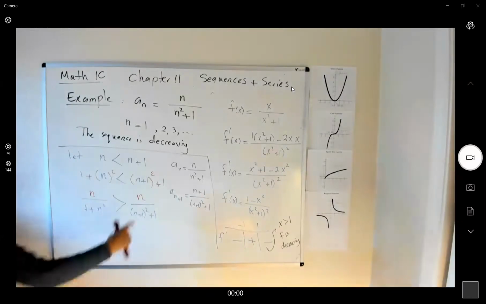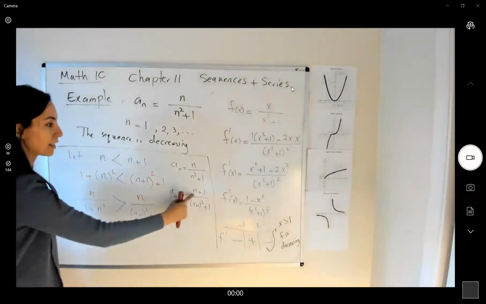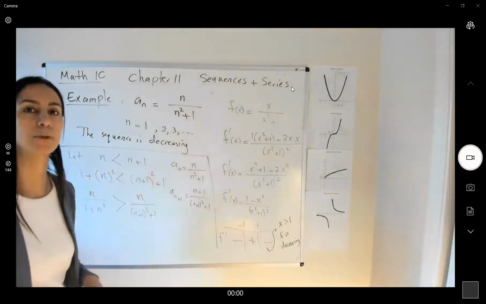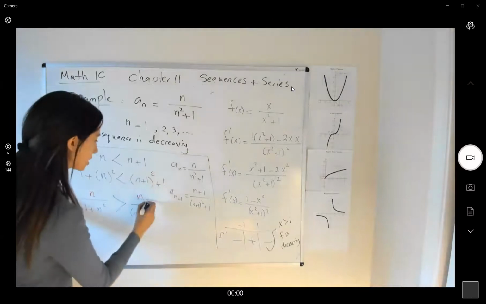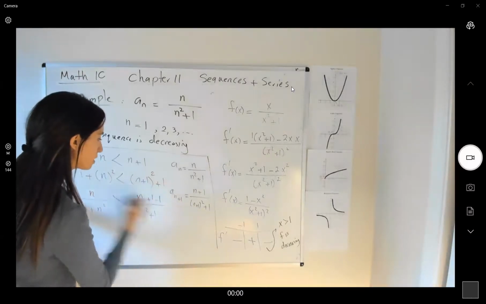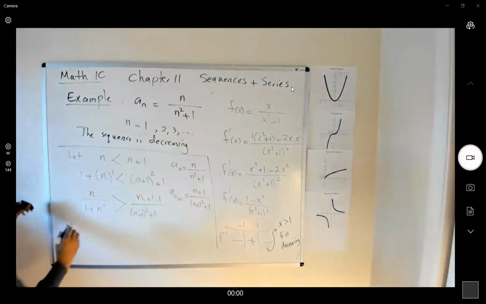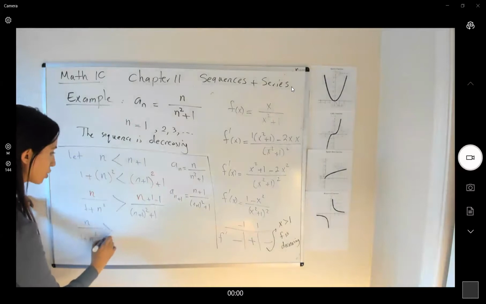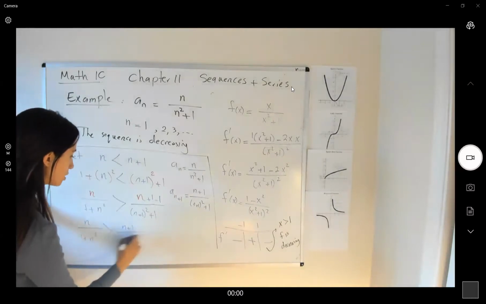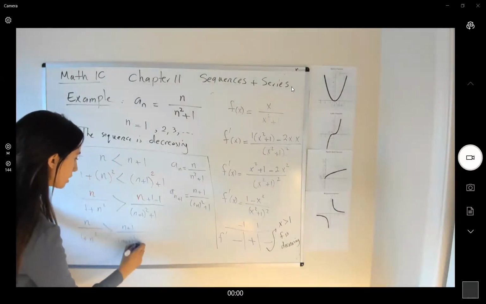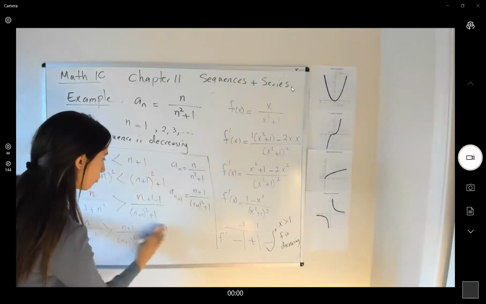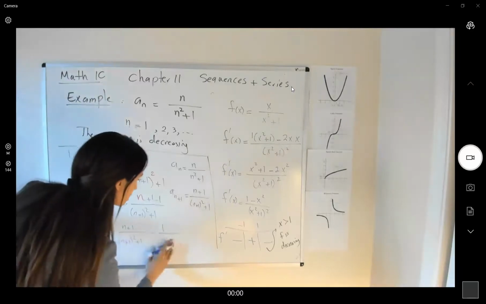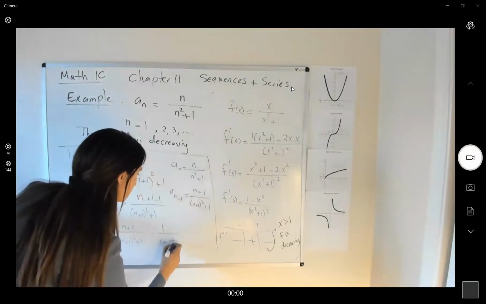So what's the connection between this and n plus 1? What if I add and subtract 1 and use the composition of fractions? Here I have n over 1 plus n squared, which is greater than n plus 1 divided by (n plus 1) squared plus 1 minus 1 over (n plus 1) squared plus 1.